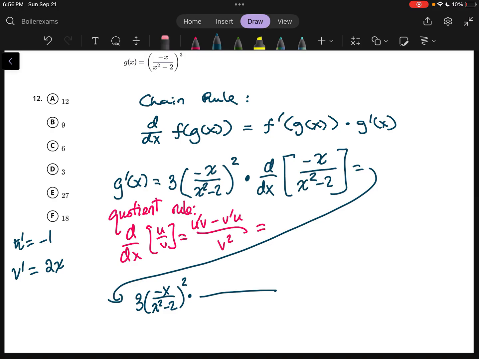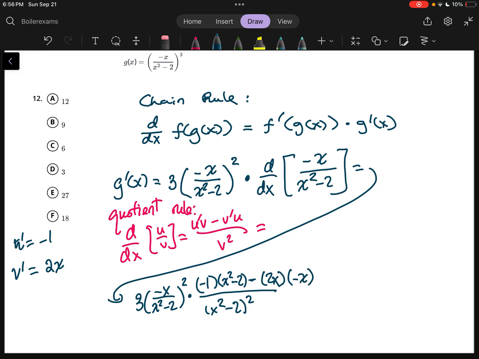In the denominator, I just have x squared minus 2, squared. In the numerator, I have u prime times v, so negative 1 times x squared minus 2, minus v prime, which is 2x, times negative x.